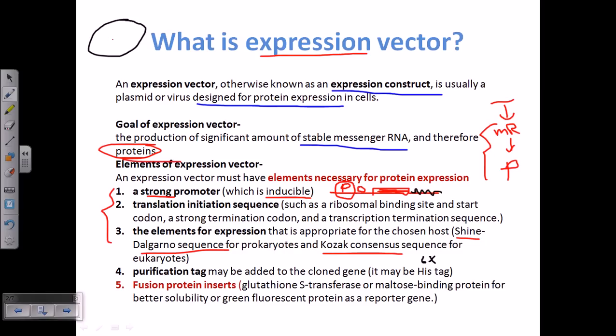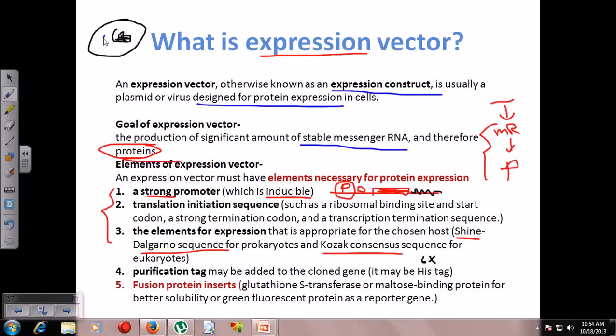Inside the bacterial cell, not only our gene of interest will express its protein, but also other proteins will be expressed. For example, these blue colored proteins, these red colored proteins, and all these proteins and RNAs and DNAs will be extracted. So we need to take our desired protein out of all these things.